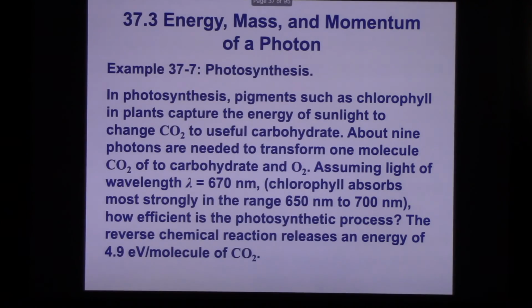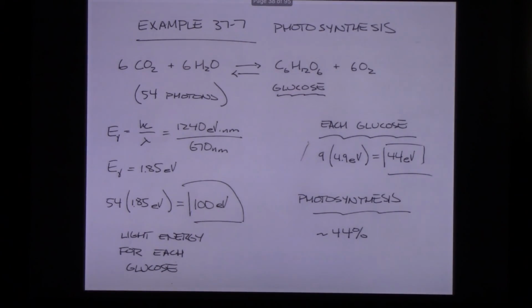Now, every time a glucose undergoes a reaction, the reverse chemical reaction releases 4.9 eV per molecule. Again, they're doing it in terms of CO2, so I had to boost that up. And I think I should have boosted it up by a factor of 6.